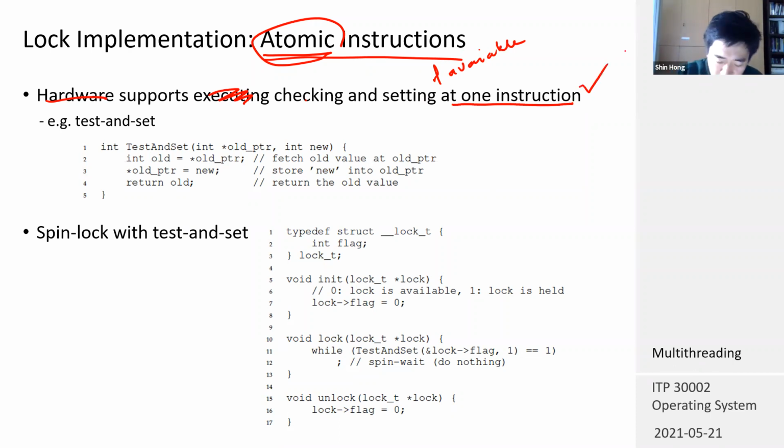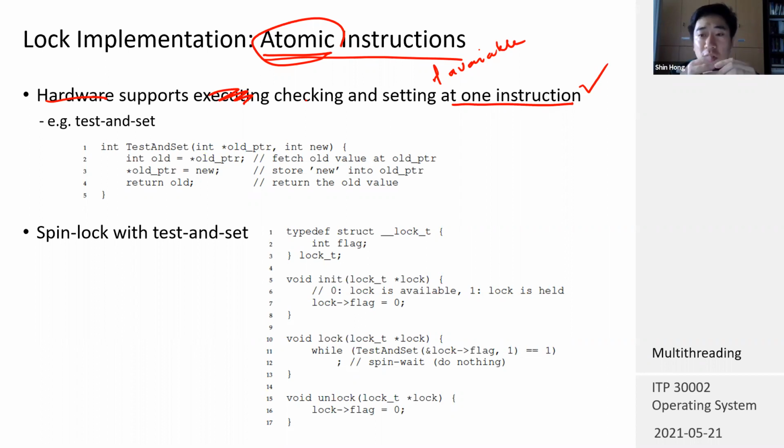I will revise this sentence and update the slide and share it with you. So you can think of the architecture as providing some instructions that are specially designed, and once you look into the semantics of that instruction, you see that read and write happen at the same time, so that read and write are guaranteed to execute atomically.